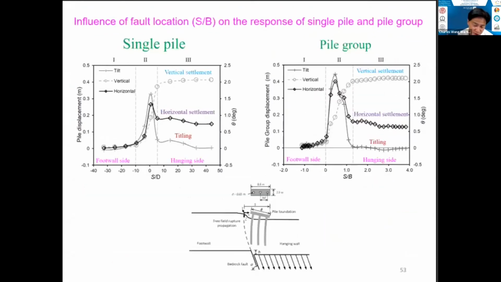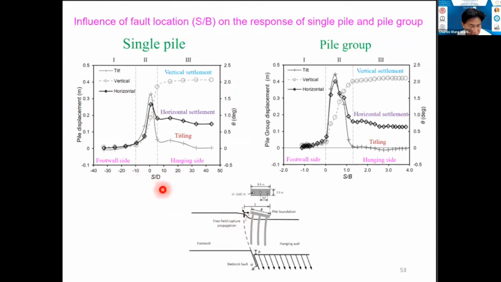So obviously, because of that, we induce extra bending moment in the pile cap, and also in the pile load. Okay. Now let's move on to a plot of pile displacement versus the normalized distance away from the free field fault location.